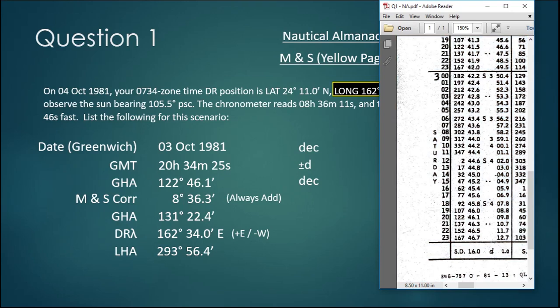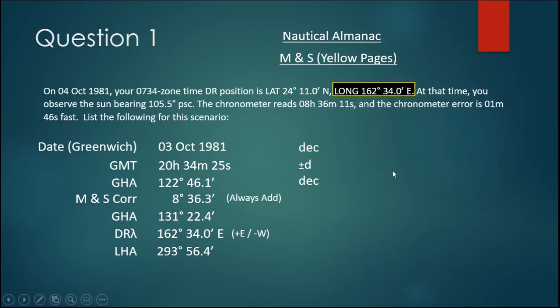So in this case, the numbers are increasing. Here's our little d right here. So little d will be positive because these numbers are increasing, and it's a positive 1.0. So let's go ahead and plug that in. Our little d correction is positive 1.0.